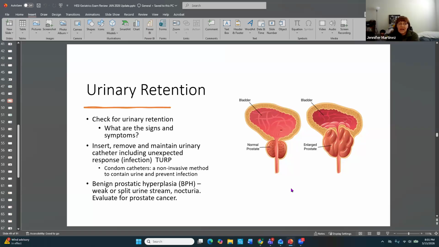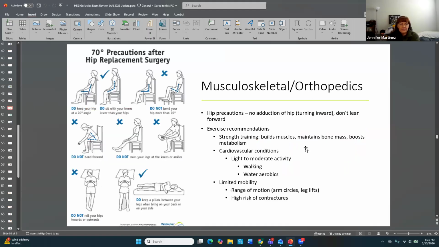We have Foley catheters that we can use. We have condom catheters that we can use. Condom catheters are non-invasive, right? It literally just goes over the penis like a catheter would. So it allows the urine to drain. We talked about BPH.